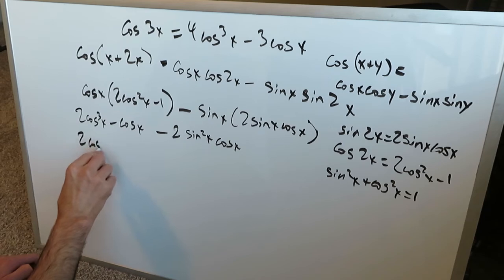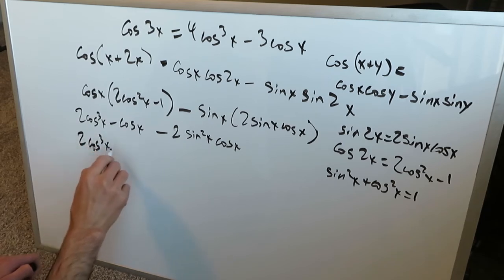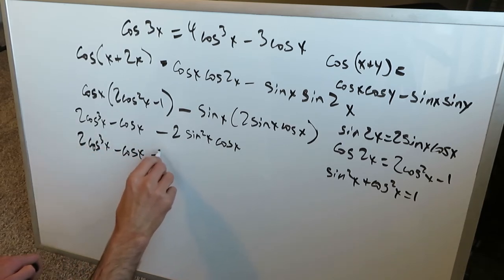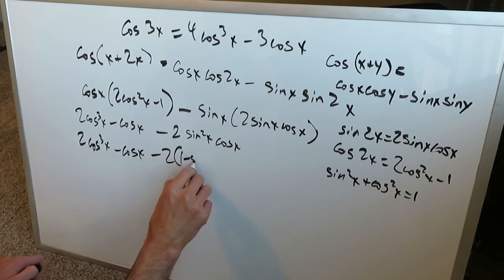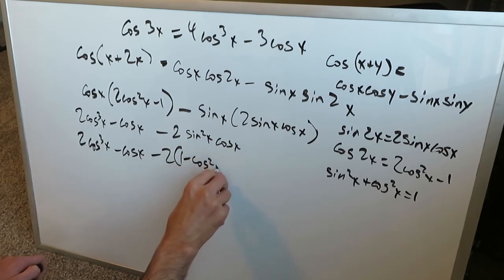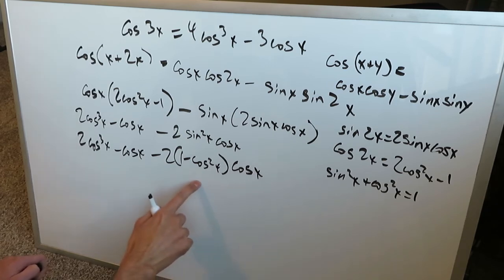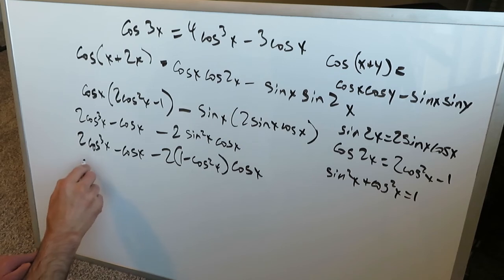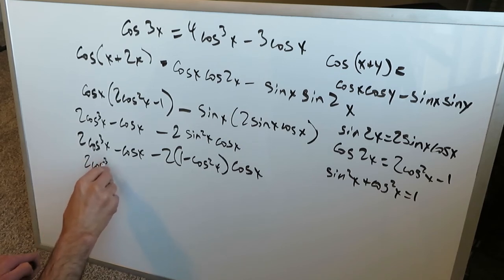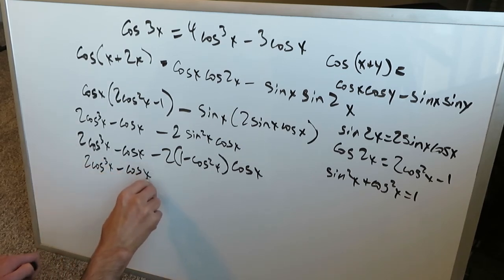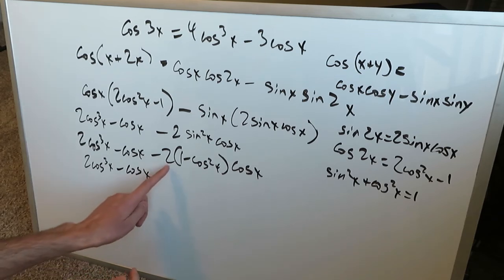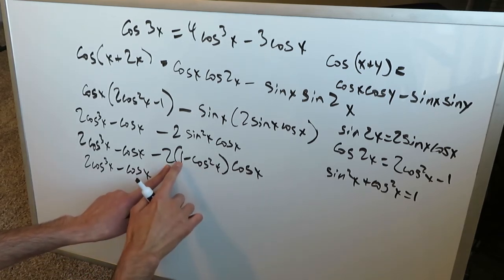That 1 minus cosine square x will shuffle and find its way right over here. You'll get 2 cosine cube x minus cosine x minus 2 times 1 minus cosine square x times cosine x. I would have been better off had I brought the cosine here with the 2. But I still have to open this up. I get here 2 cosine cube x minus cosine x. This is why I was saying it's going to be work. This 2 cosine x will multiply with these items.